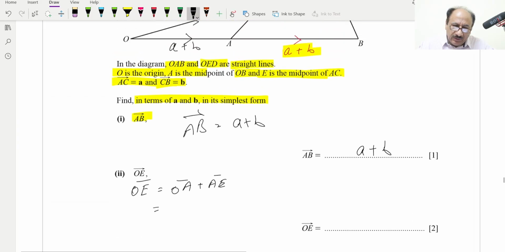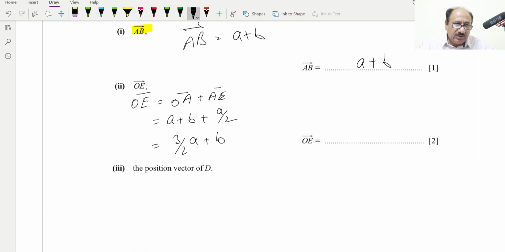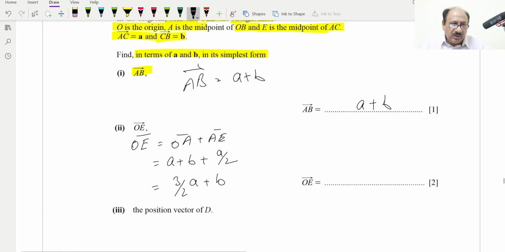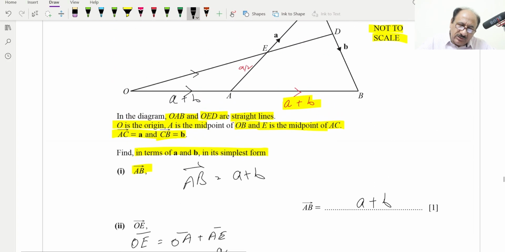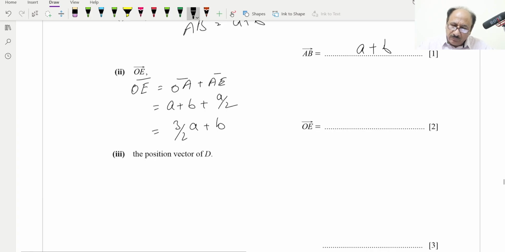This will be a plus b plus a by 2, and this will be basically 3 by 2 a plus b, and this will be our answer. So this will be 3 by 2 a plus b, and we can provide the answer over here at the proper place, 3 by 2 a plus b.